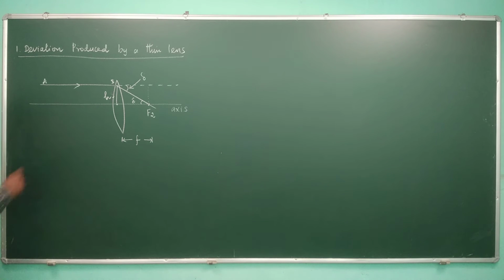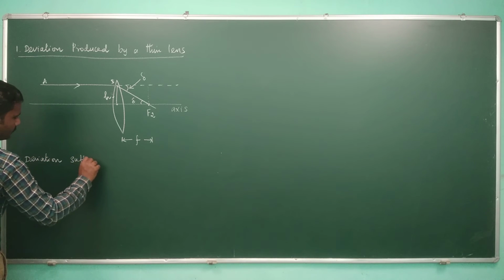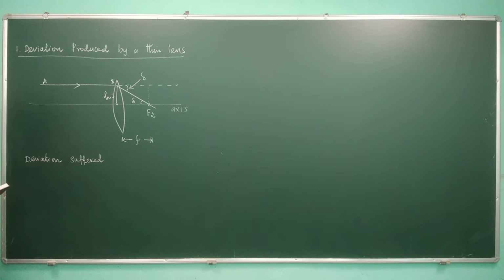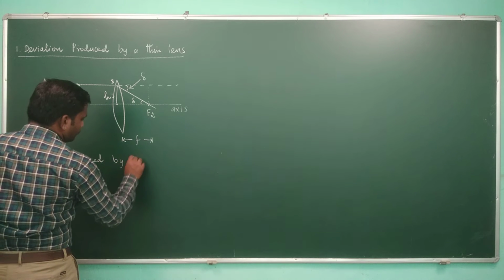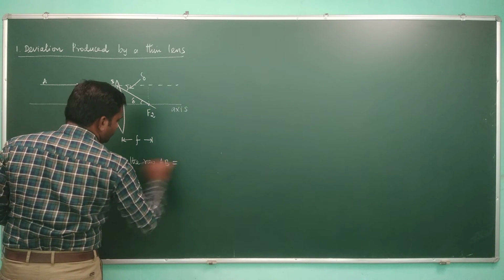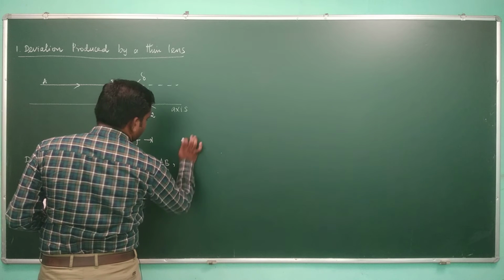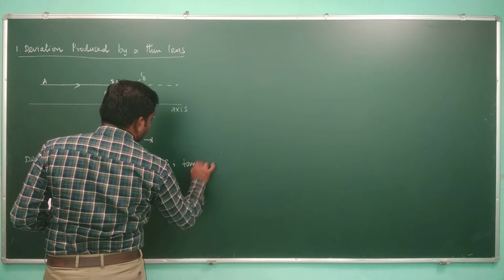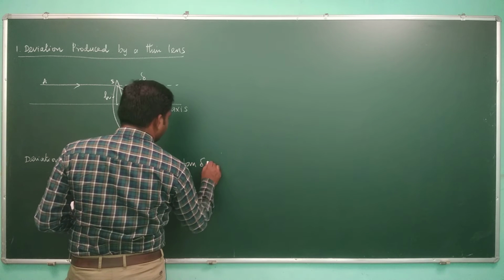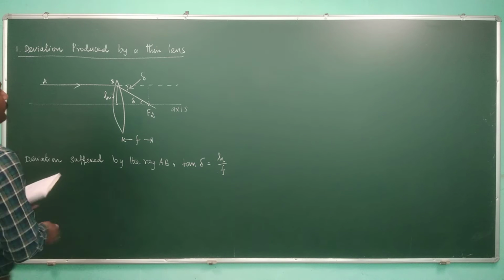Now the deviation suffered by the ray AB is nothing but tan delta, that is h by f.